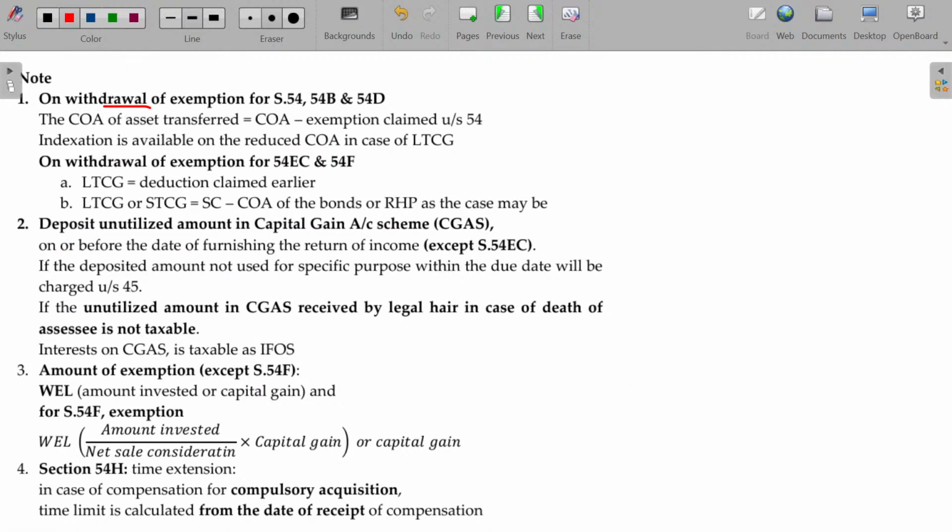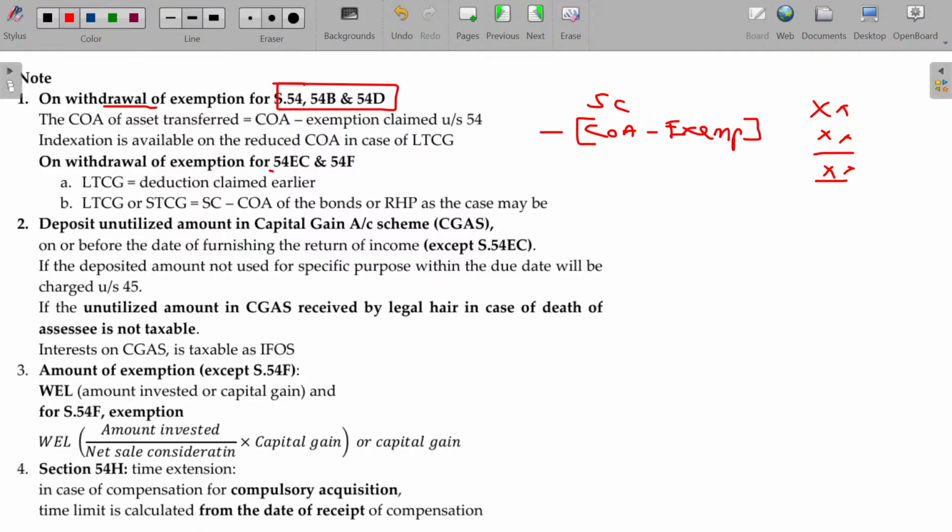On withdrawal of exemption 54B, 54B and 54D, sale consideration minus cost of acquisition, being cost of acquisition minus exemption claimed already. That's how we calculated, right?